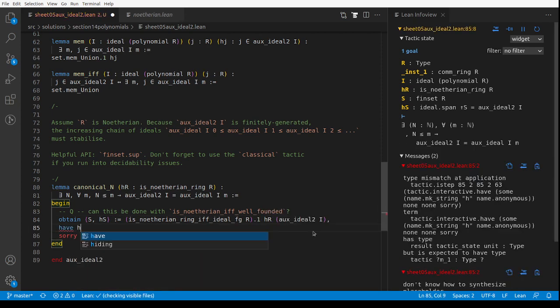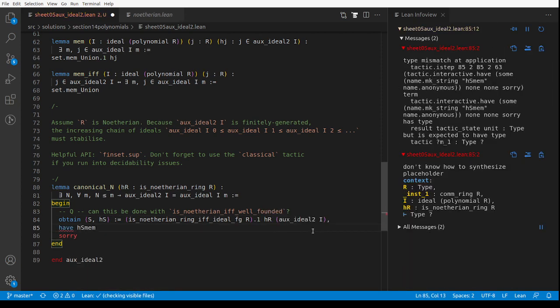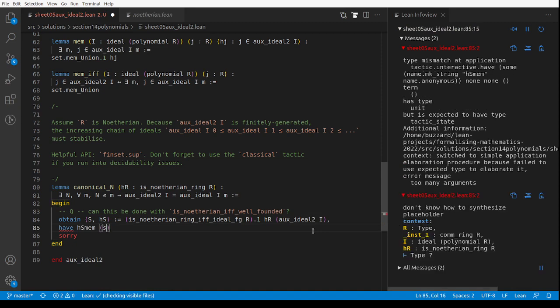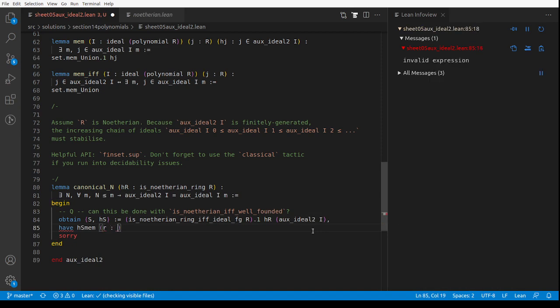So have HS mem, I claim, so S, so now that R would be in R.